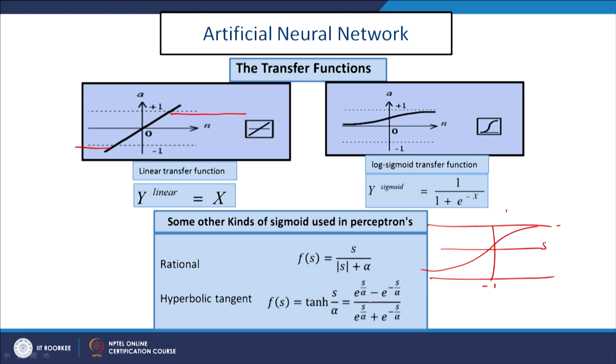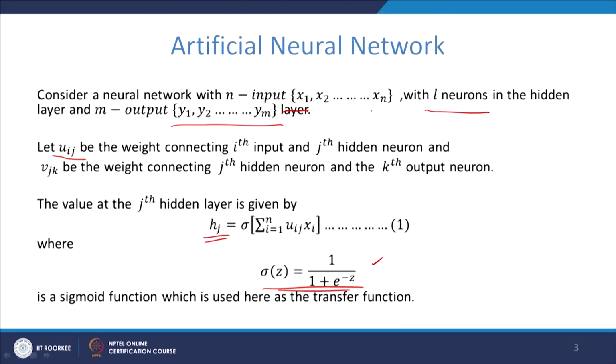Similarly, the tan hyperbolic function also will look like this. So, the property of any transfer function is simply that it is an increasing function and it is bounded by two values, either -1 to 1 or 0 to 1. That is the property of a transfer function, and one such example is the transfer function sigma of z equal to 1 by 1 plus e power minus z.